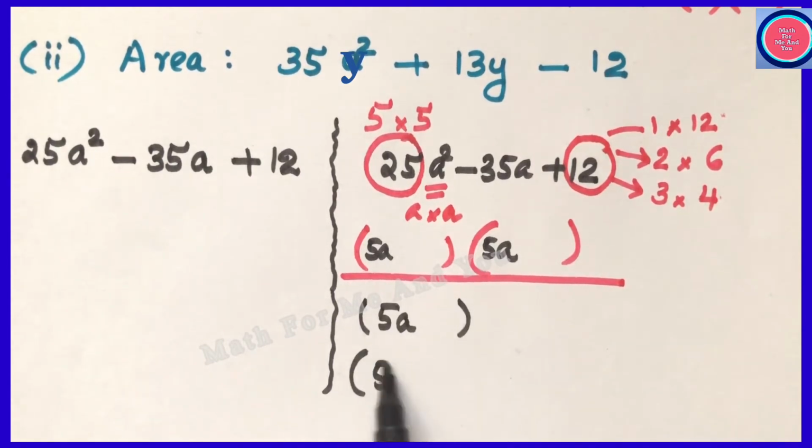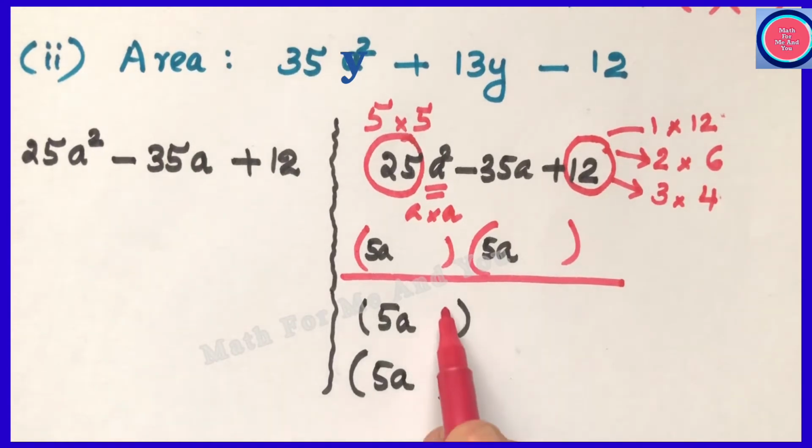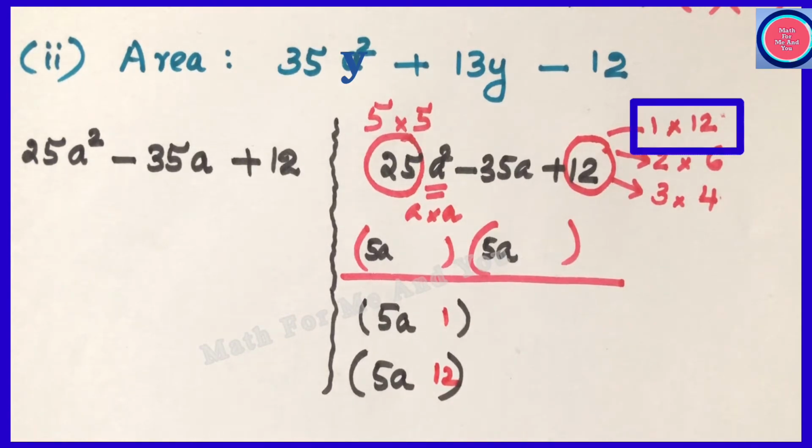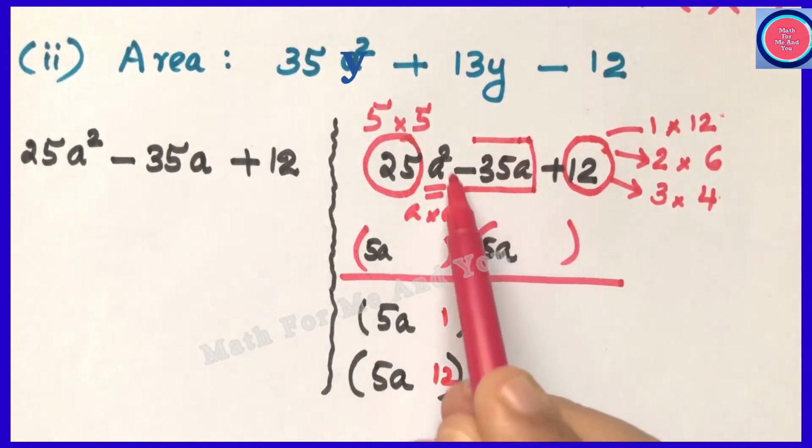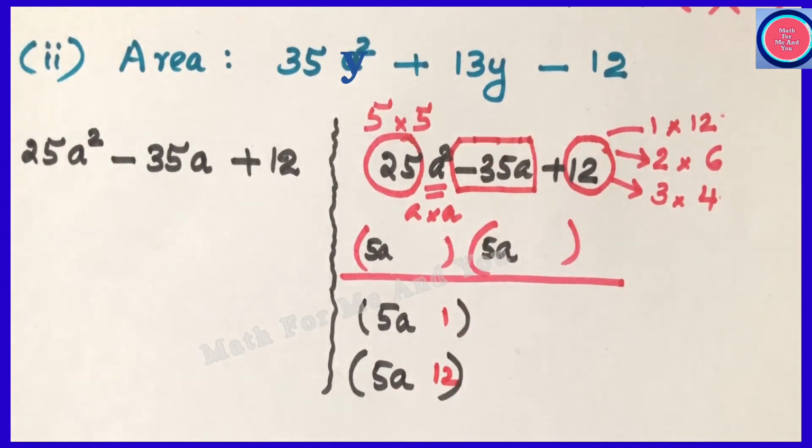Write 5a and a number up, 5a and a number down. Which numbers? First we try the pair 1 and 12. We check with the middle term. The middle term here is minus 35a. How to get minus 35a with this? By cross multiplication we will check.